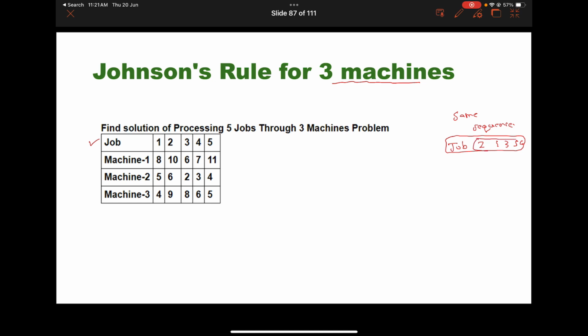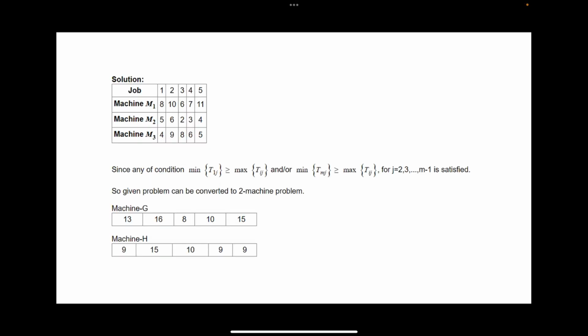So we need to find this sequence using Johnson's algorithm. Earlier we have seen Johnson's rule for two machines. For three machines, we will use a simplification. If you look at the time taken in machine 1 for these jobs, you can see that the minimum time taken is 6 for machine 1.